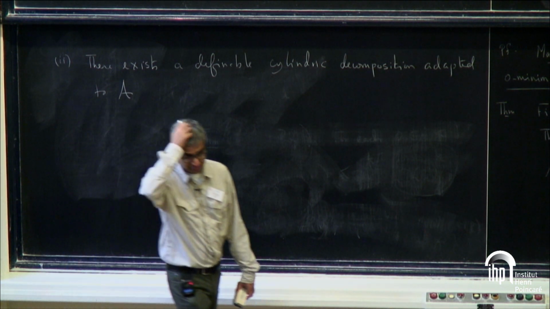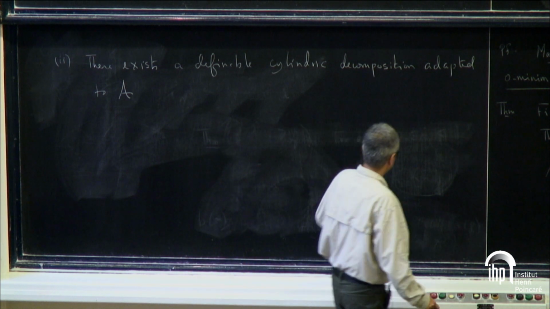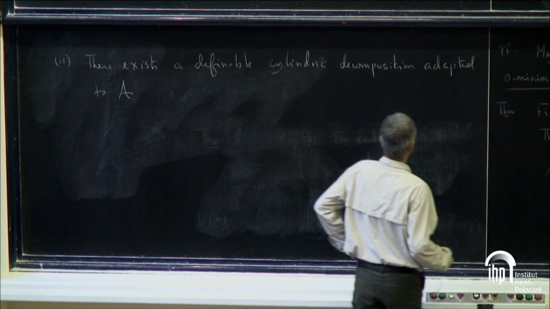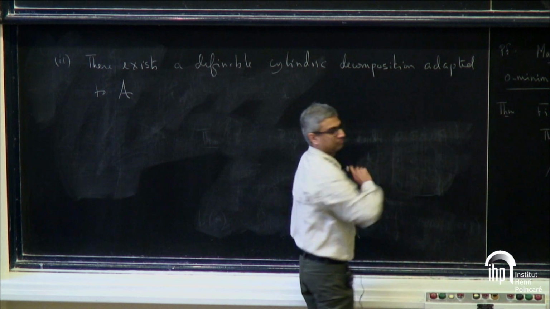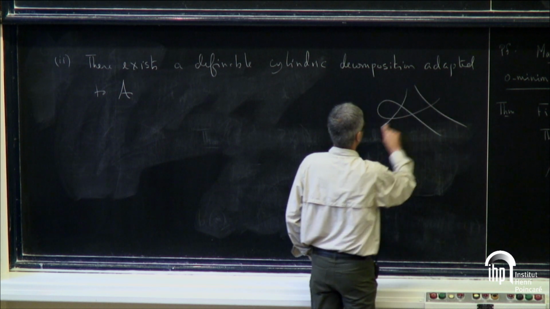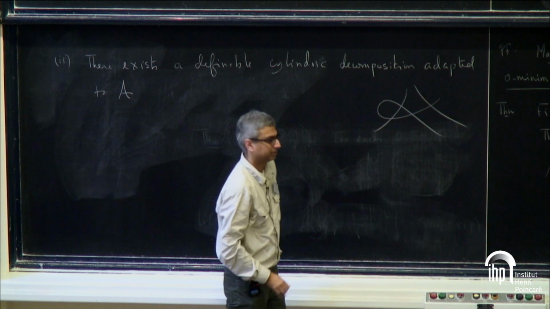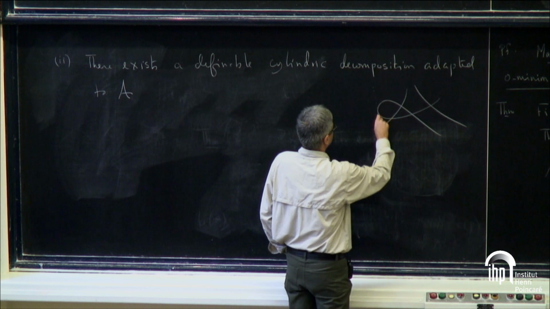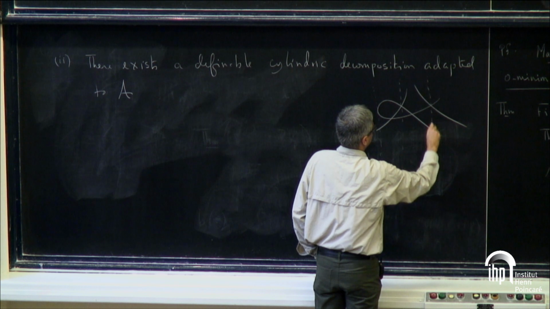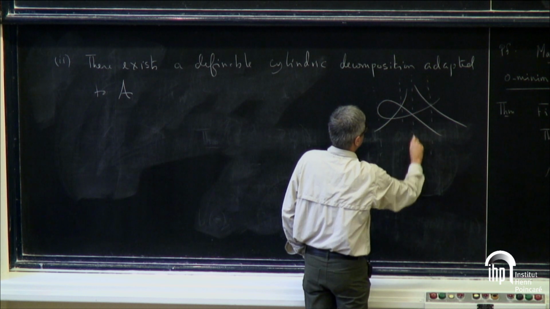Now, maybe I should, for people who don't know what cylindrical decomposition is, I can't define it, but let me just draw a picture. So if you have this family, the cylindrical decomposition would have cylindrical cells, and they would look like that.